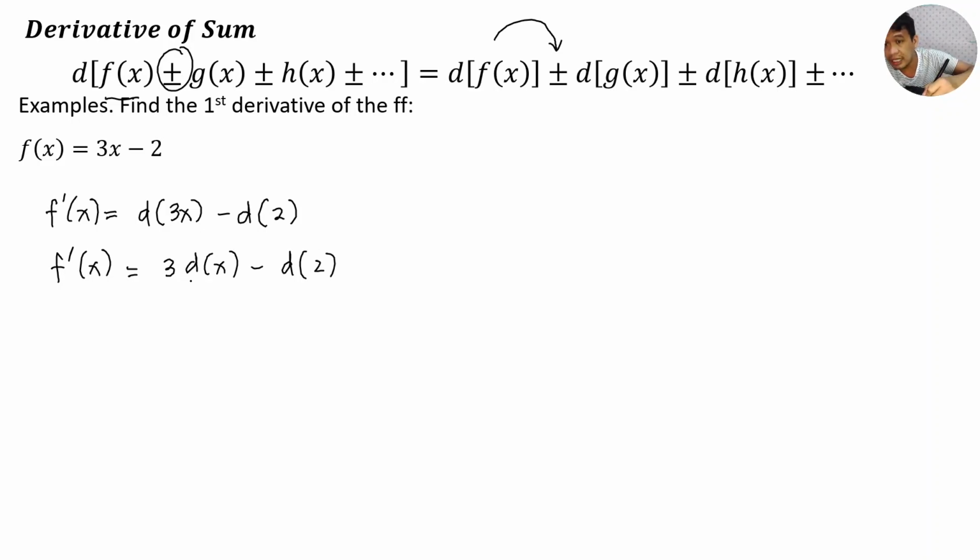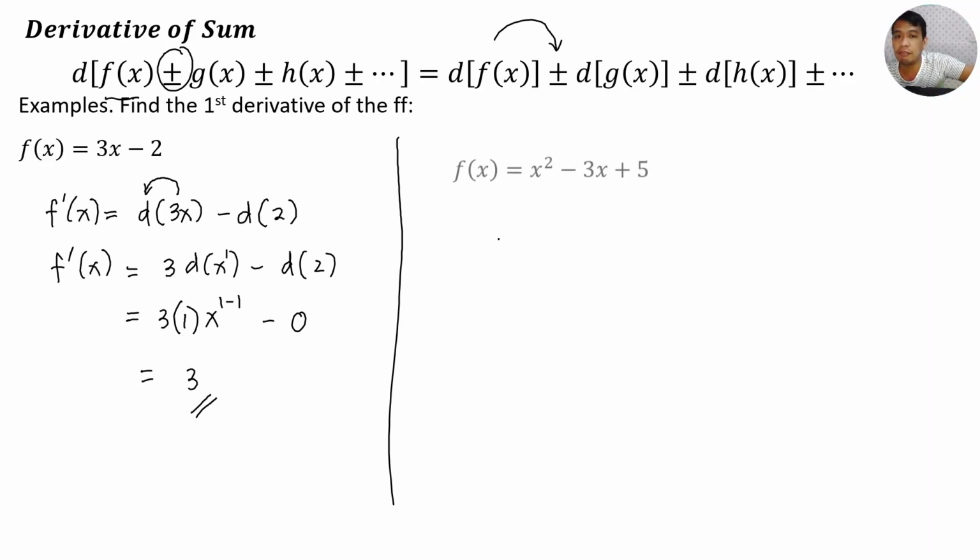So the derivative of x, since constant ito, by using the previous principle, yung constant inilalabas lang, so this becomes 3. So since ang x natin ay may exponent na 1, it's multiplied by 1, x raised to 1 minus 1, minus the derivative of a constant, which is 0. So this gives us 3, because 3 times 1 is 3, and x to the 0 is 1. So this is our final answer.